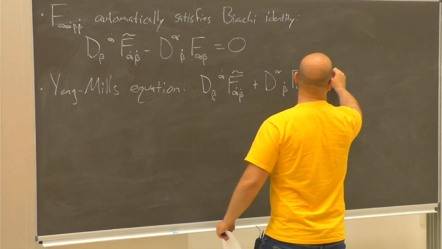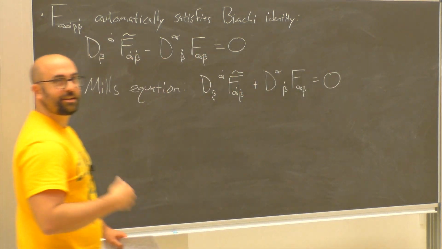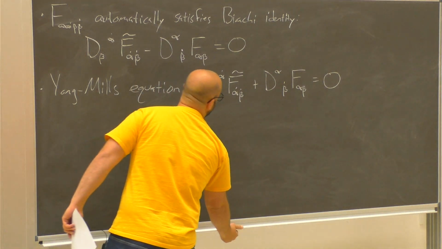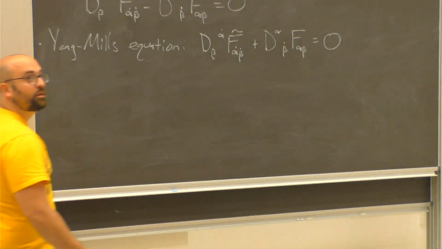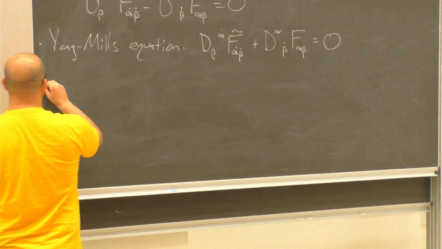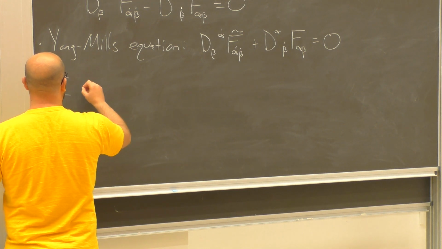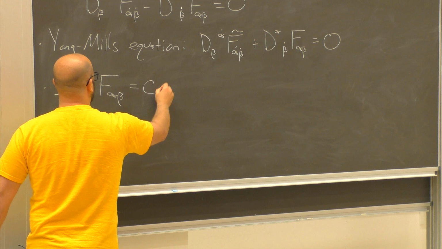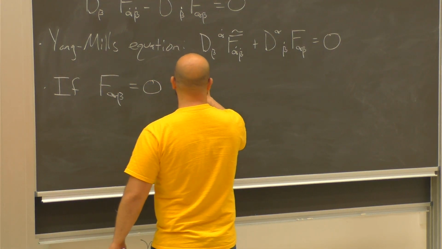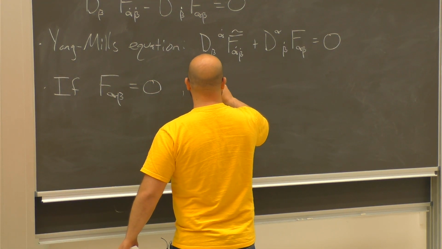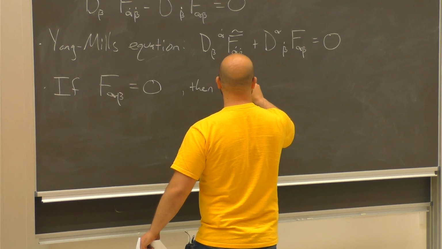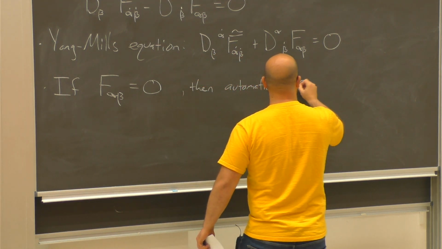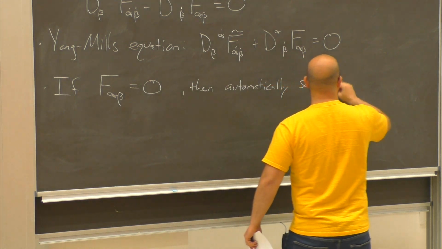So what we observe straight away is exactly what we observed yesterday. If you set the anti-self-dual part of the gauge field to 0, so if F_{αβ} is equal to 0, then you automatically solve the Yang-Mills equations.